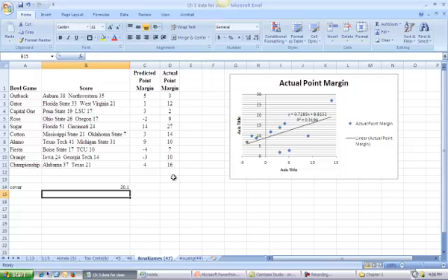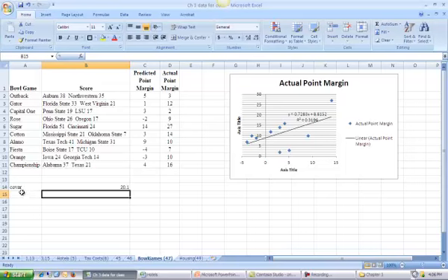So that means that there is a positive relationship that I'm seeing there. And then it asks me to compute the sample correlation coefficient. What does this indicate about the relationship between the Las Vegas predicted point margin and the actual point margin?